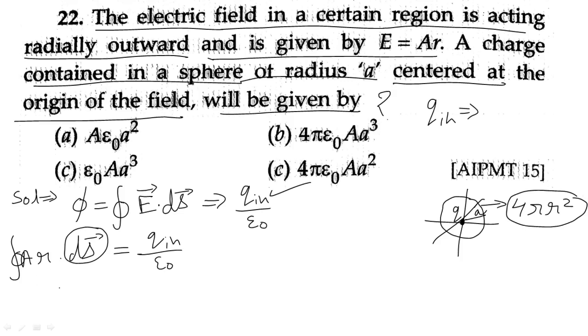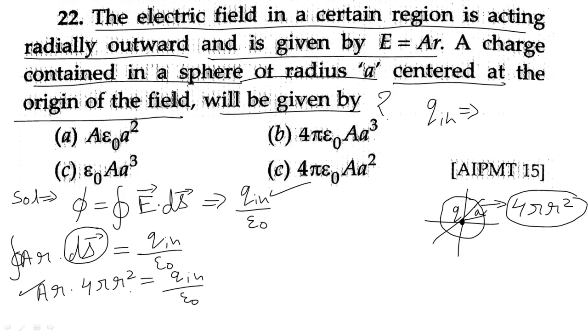We can directly write A r times 4 pi r squared, divided by epsilon naught, as the equality.